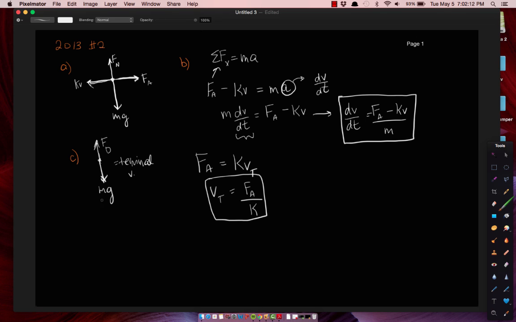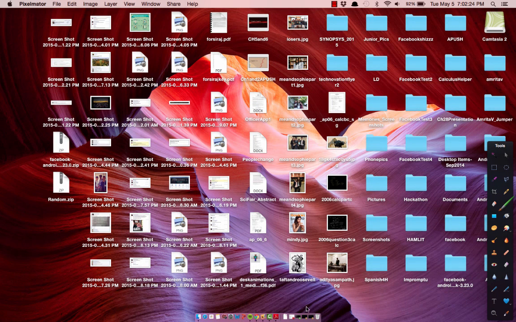Okay. So now on to part D. And this is probably the longest part of the whole problem, so we're going to do it on a separate sheet. Part D involves using the differential equation that we got in part B to get the speed of the box as a function of time t.